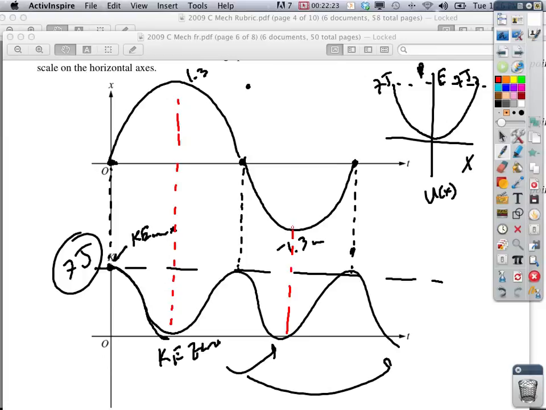Oh, yeah, they said it was conservative. Yeah. In a real life situation, the kinetic energy would have a graph that would be a slope going down like this. Yeah, but if you say it's conservative, then it's all like that.